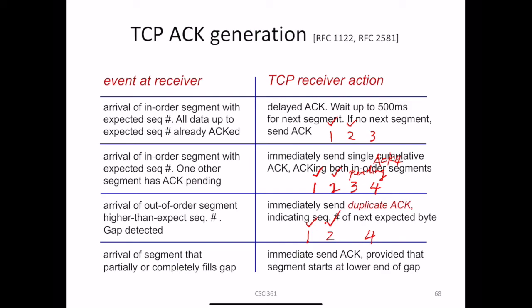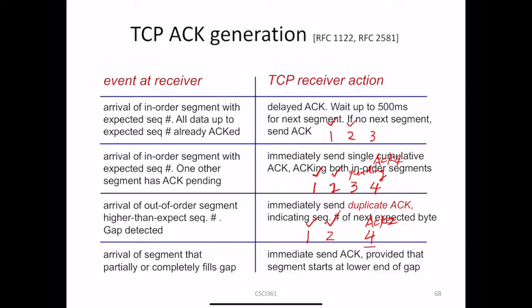Under this kind of situation, the receiver will immediately send ACK2 back to the sender side because packet 4 is out of order. So it immediately sends the highest in-order segment number, which is ACK2, back to the sender side.